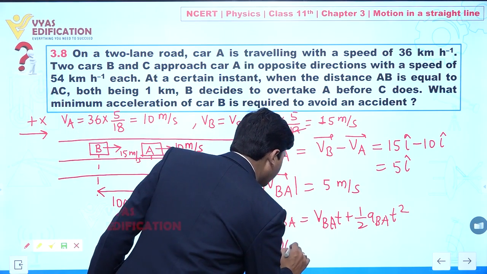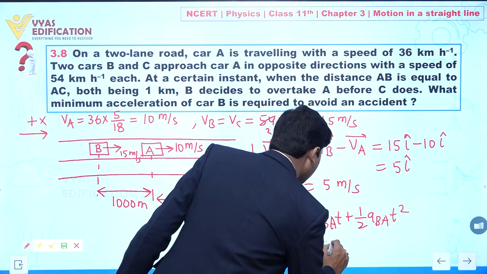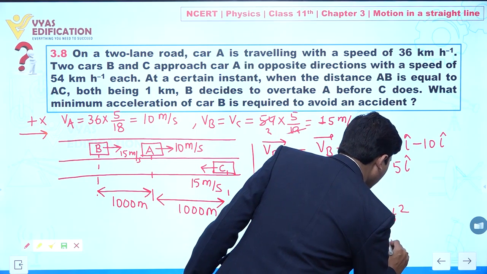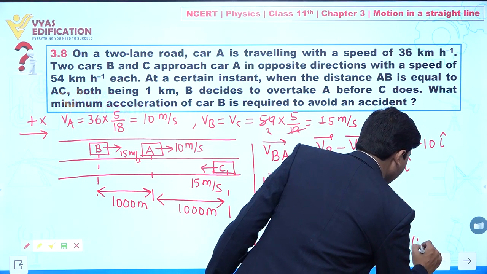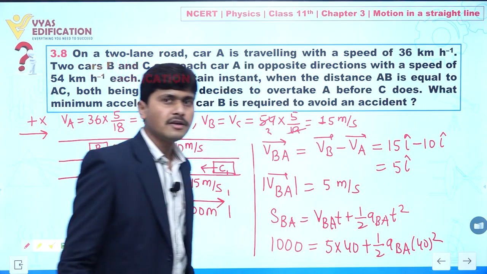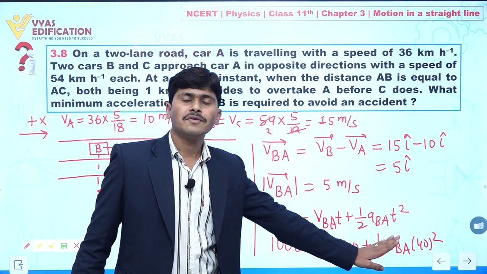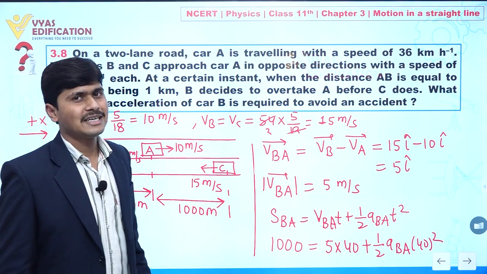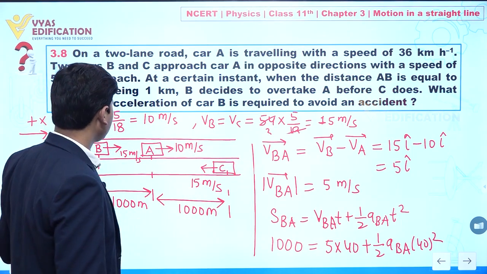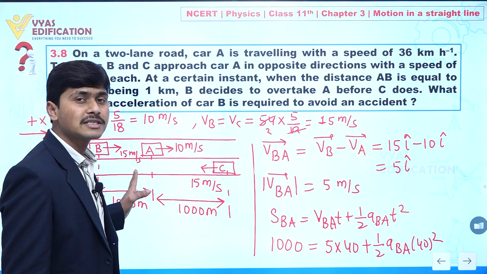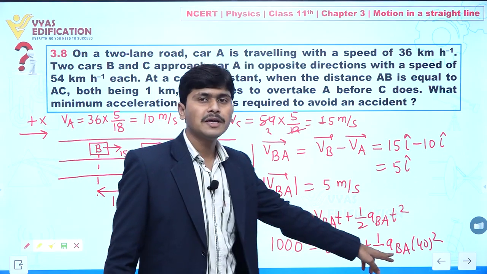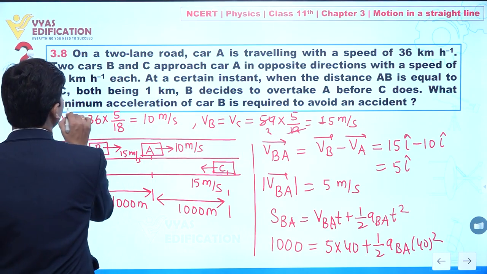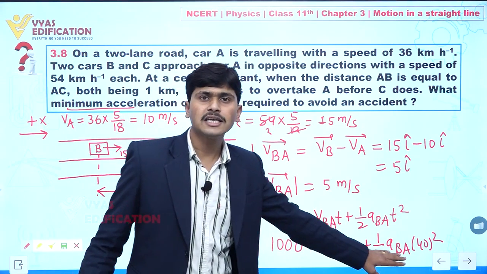So 1000 is equal to V_BA, which is 5, times time T, which is 40 seconds, plus 1 by 2 a_BA times 40 squared. From here we can calculate the relative acceleration of B with respect to A, and this will be the minimum acceleration. If the car has to cross before C crosses car A, the acceleration should be greater than a_BA. But our objective is to calculate the minimum acceleration, so we will find this a_BA value.